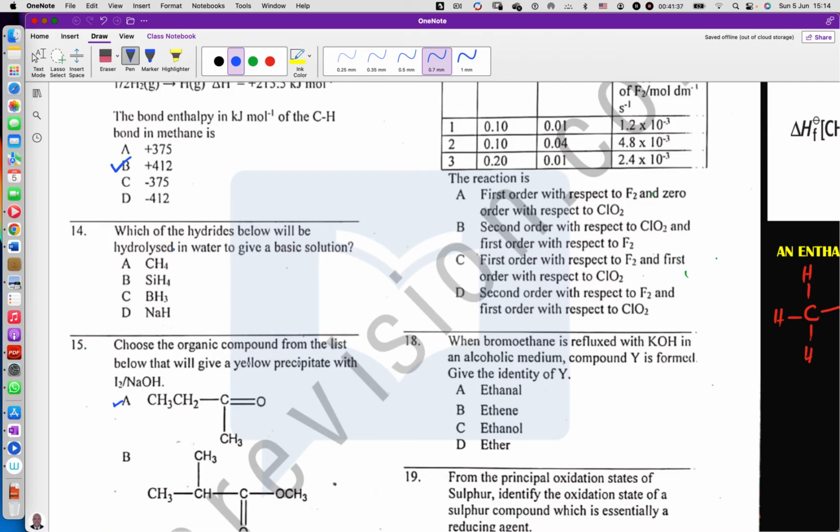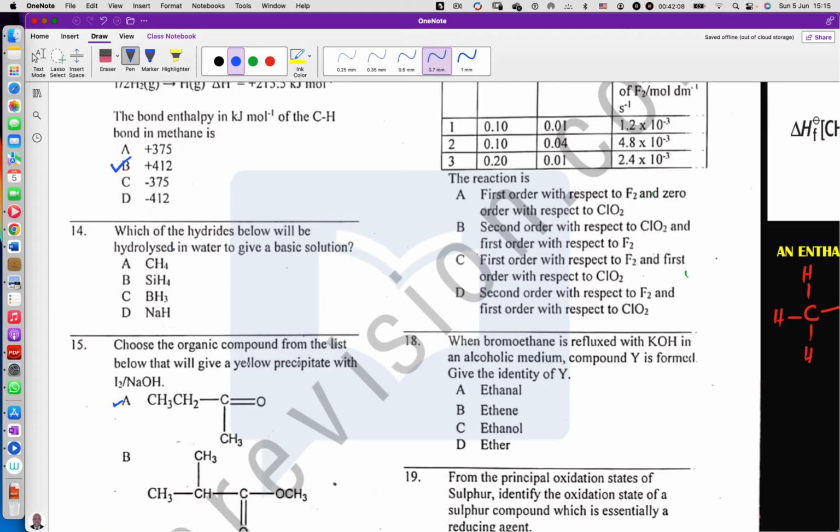Basic oxides and basic hydrides deal especially with group 1 metals. If we have something like lithium, sodium or potassium, then preference should be given to it. So our first option, methane, is not right.